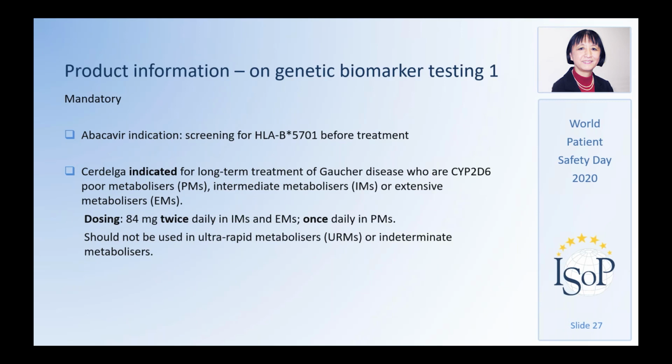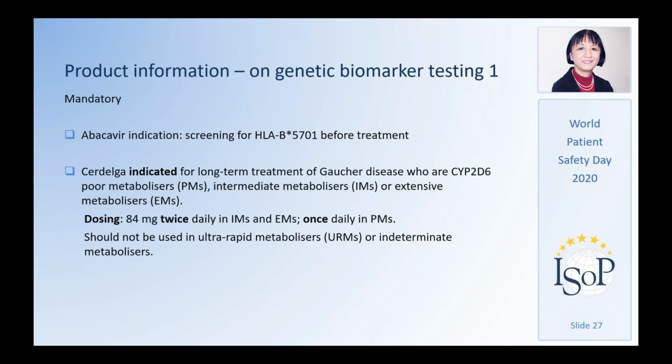And before treatment, all patients need to have screening for the HLA-B 5701 allele. And the drug can only be used in patients not carrying this allele. So this helps to choose the right patient, right drug.